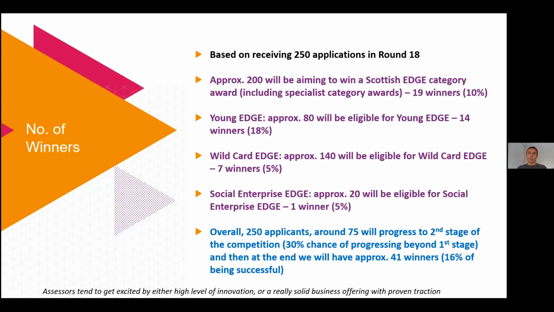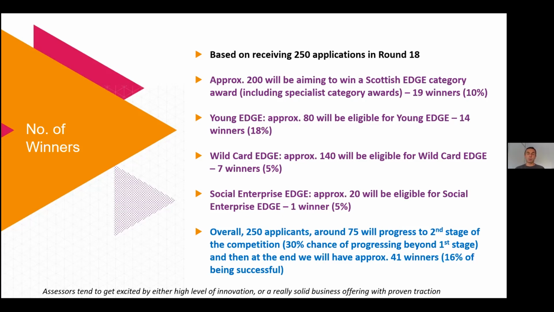One of the things we've done over the last couple of rounds is try to get some sense from our judges, throughout the different stages of the competition, of what they look for in a business to allow it to progress. Obviously, we've got an assessment criteria, and the judging is all based on that.